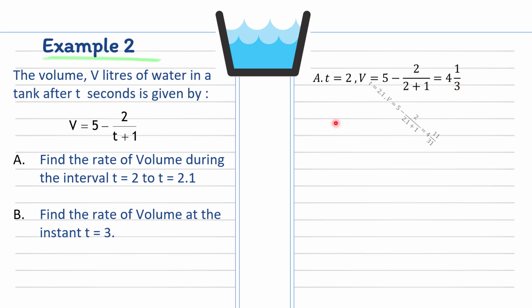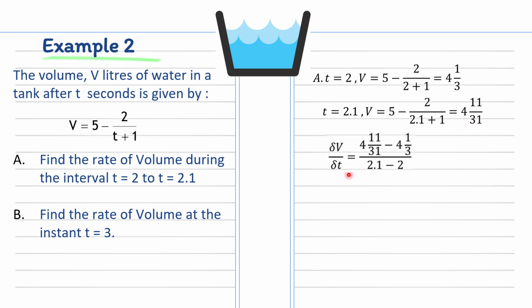And then when t equals 2.1, we can calculate then the v is 4 11/31. We will calculate the changes of v compared to the changes of time, which is delta v over delta t. So because it is very small, the symbol is using dou v over dou t, or this is actually the same with delta v over delta t.